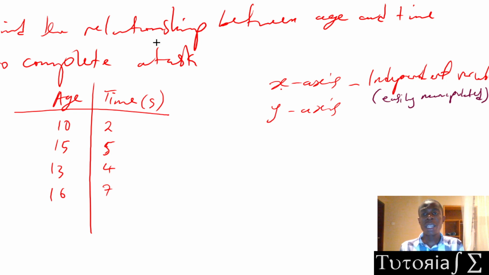And those that will be on the y-axis are what we call dependent variables, that is, they cannot be easily manipulated by the experimenter. So me as the experimenter, we cannot easily manipulate.